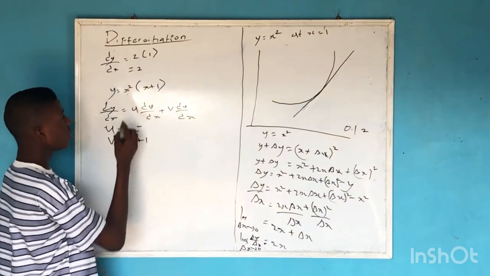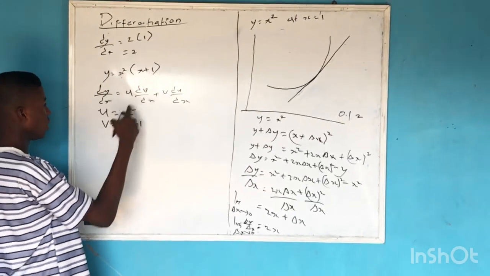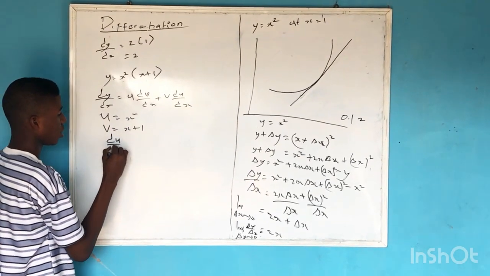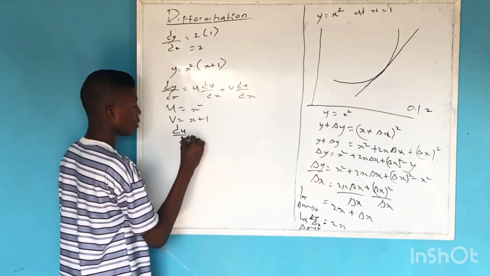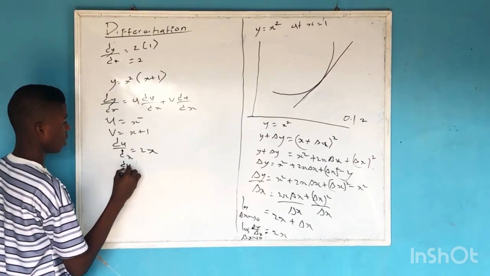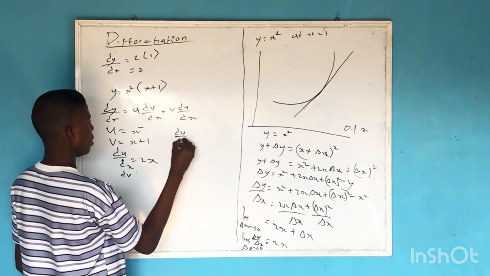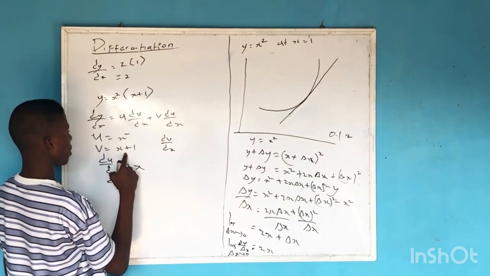Now let's differentiate: our du dx is 2x and my dv dx is 1.